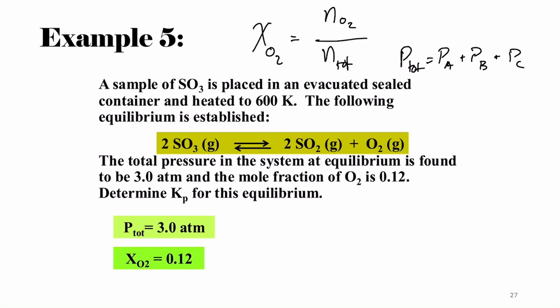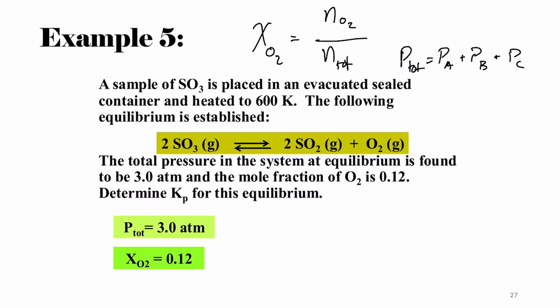Like 240? Yeah, it should be twice that amount, right? Because initially we start off with 0 of our products. So that tells us that whatever we make of this is related stoichiometrically to our other product here.